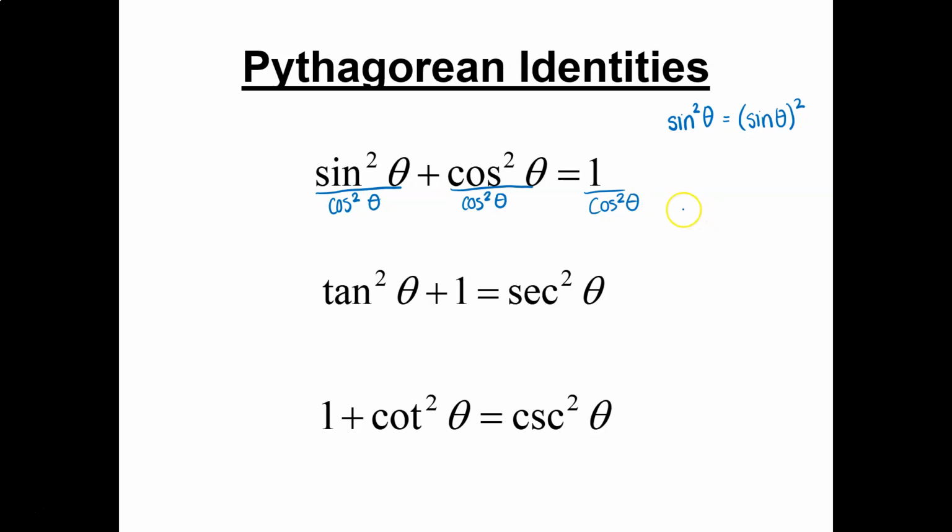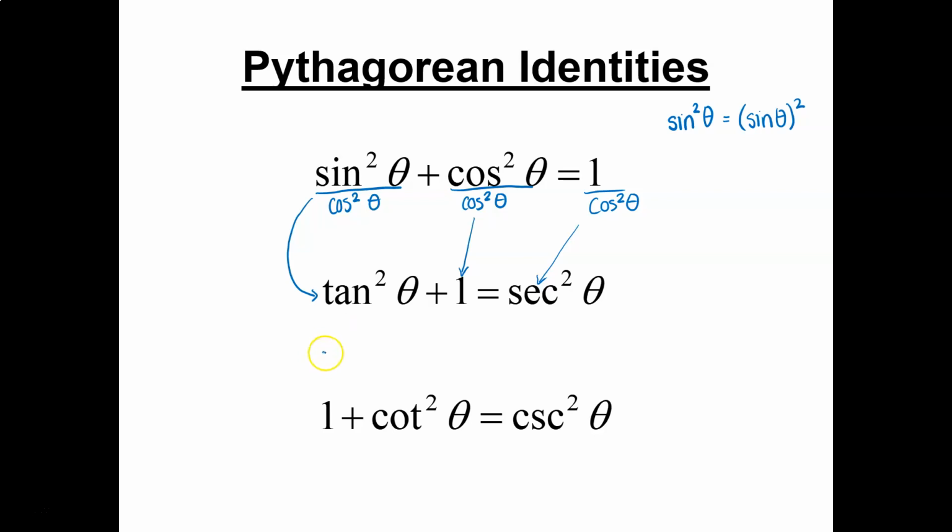If I divide everything by cosine squared theta, sine squared theta over cosine squared theta is tangent squared theta. This would be 1. This would be secant. Okay? So, if you just remember that, you don't really have to memorize the second one.